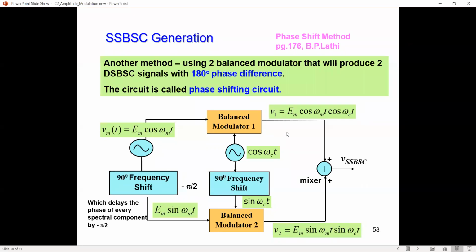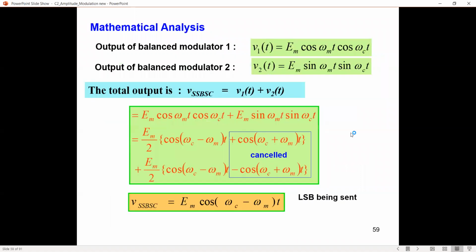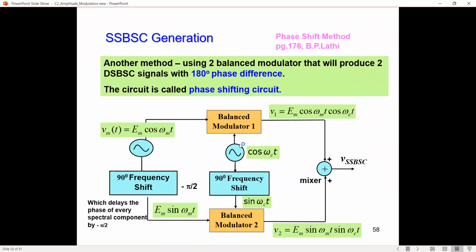So the one on top, the output from our balance modulator, is EM cos omega MT cos omega CT, and the one below is EM sin omega MT sin omega CT. And then we mix these two, then we produce the single sideband suppressed carrier signal. So this is known as a phase shifting circuit, because we have introduced a phase shift to both our information and also carrier signals.